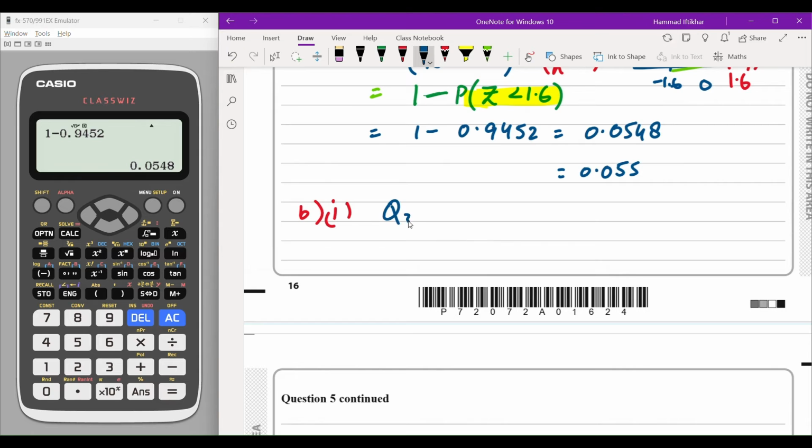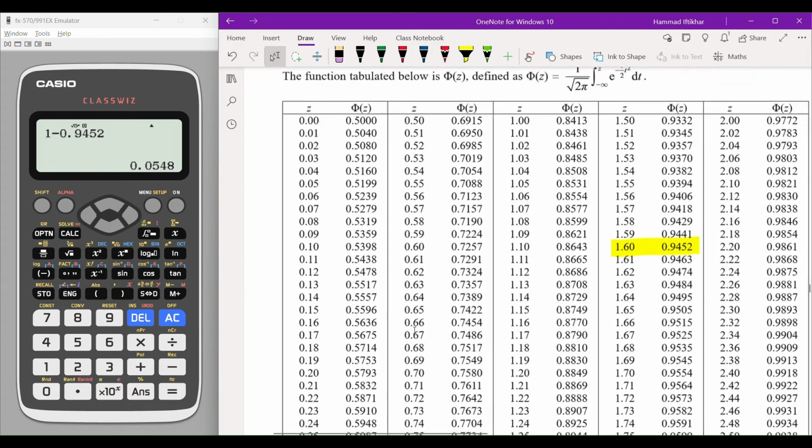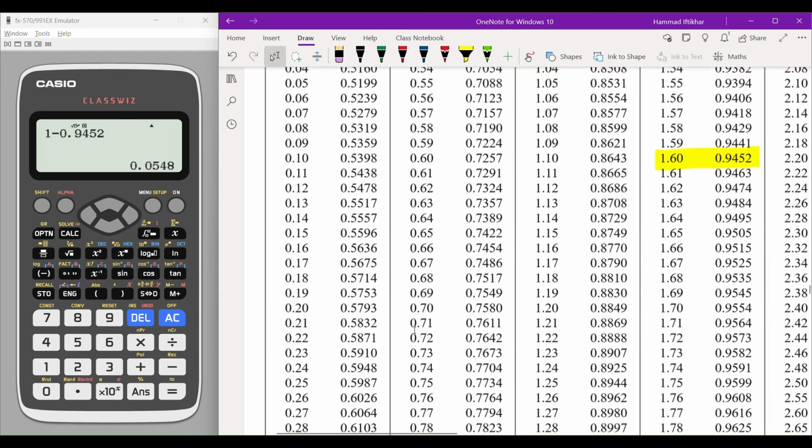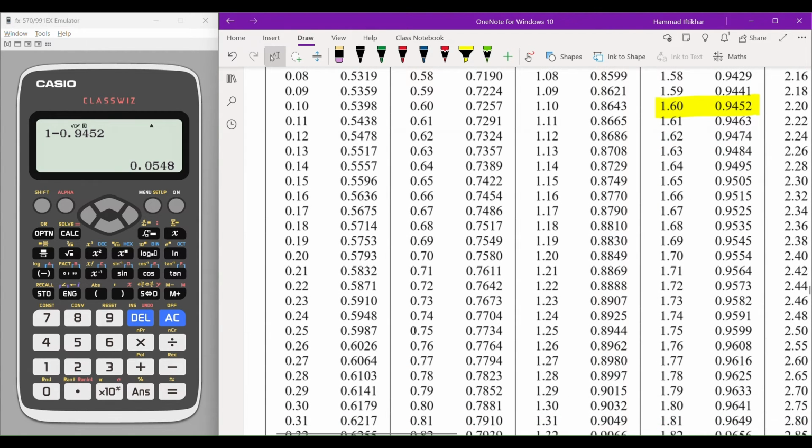So Q3 will correspond to probability of L less than Q3 equal to 0.75. So that will correspond to Z less than some, let's say Q3, equal to 0.75. Now we're looking for the Z value that corresponds to this.